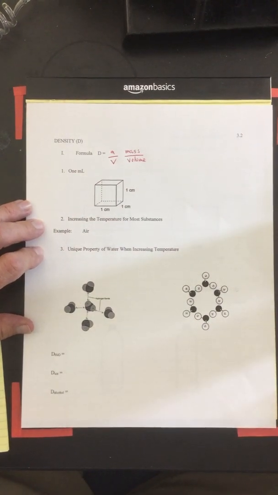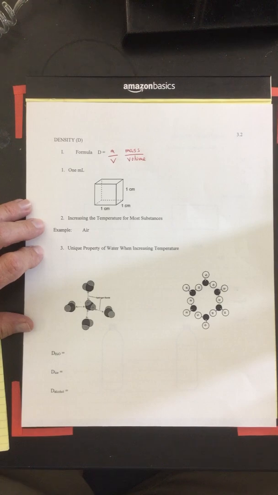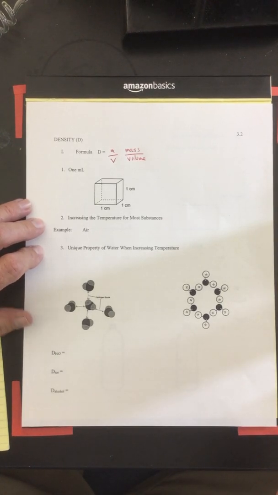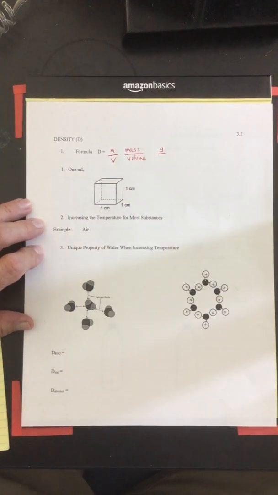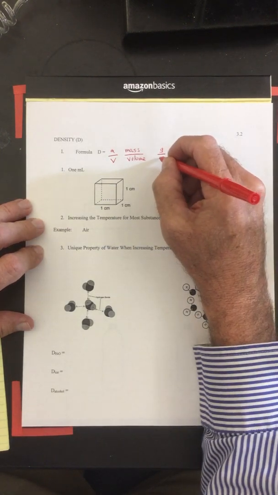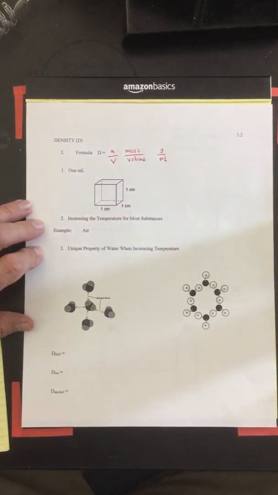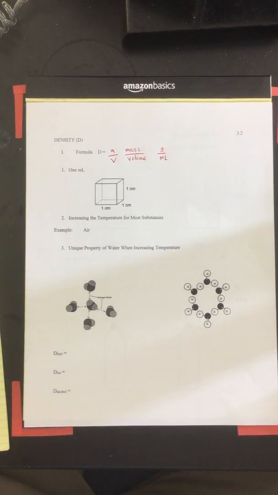So mass divided by volume. Again, the units for mass that we saw previously from 3.1 is going to be grams. And while volume is measured in liters, a lot of the samples that we're going to be using is measured in milliliters. So those are the units for density.